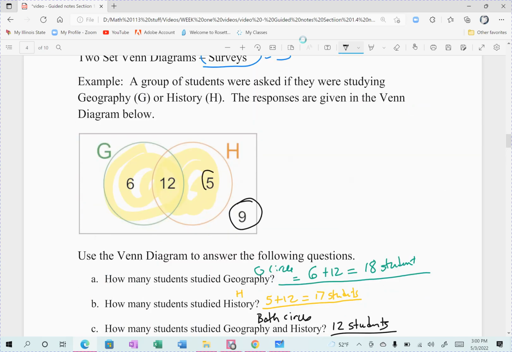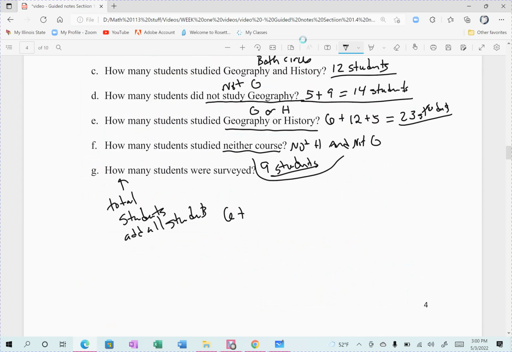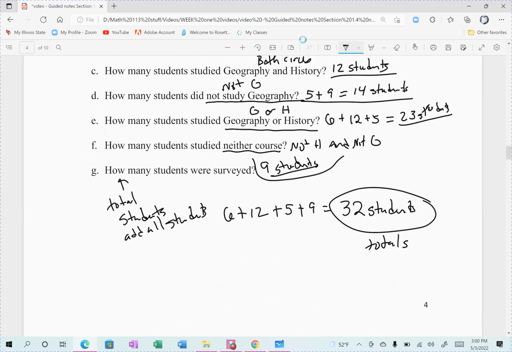The 9 outside, the 5 here, the 12 in the overlap, and the 6 all together. And so 6, 12, 5, and 9 are all of the students we surveyed. So 6 plus 12 plus 5 plus 9. And so when we add those together, there were 32 students total who fell in one of the 2 groups or outside of the group.